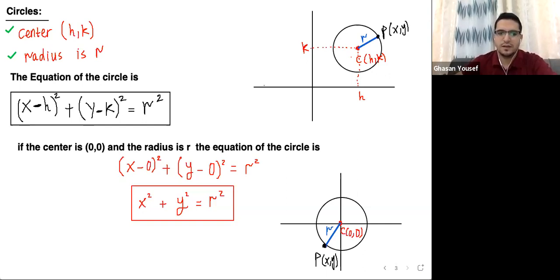We use it inside this one: x minus the x coordinate of the point, and y minus the y coordinate of the point. Again here, x minus h and y minus k, everything squared, equals the radius squared.